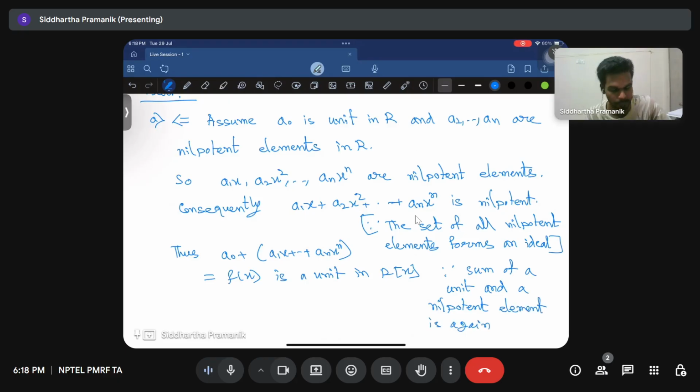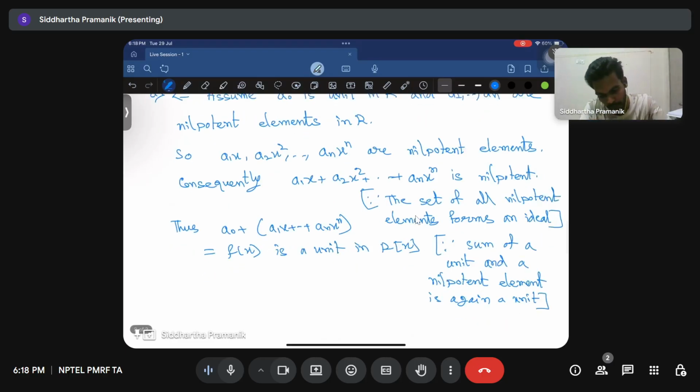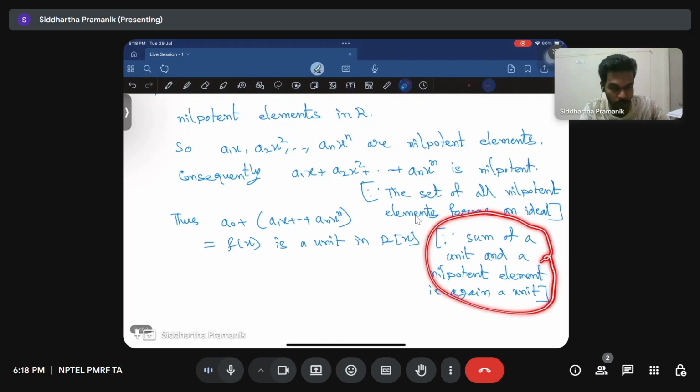This is a very basic exercise in a first course of ring theory. You should try to prove this one. If you are not able to prove it, then you can write in the discussion forum. We will get back to you.